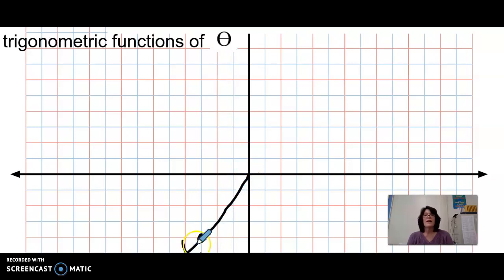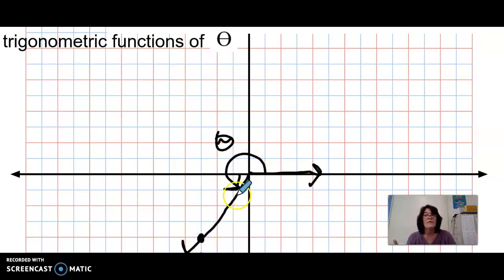My terminal side goes through there. My initial side, of course, is always right here. You don't have to draw that part if you don't want, but I usually do. This is the theta we're talking about. The reason they said least possible is that I could go around an infinite number of times and it would still be this terminal side.